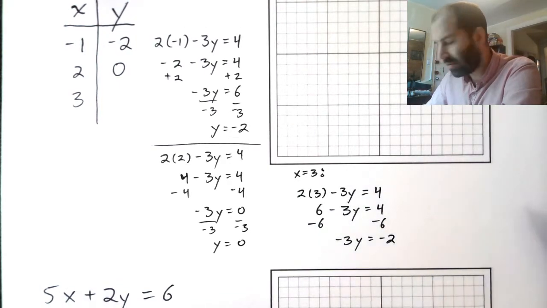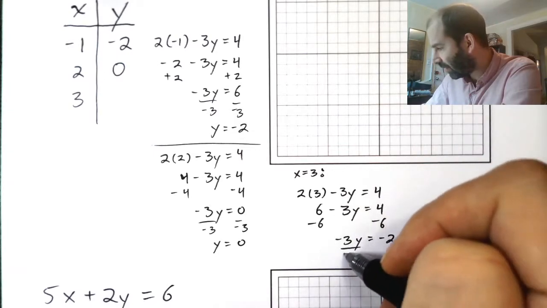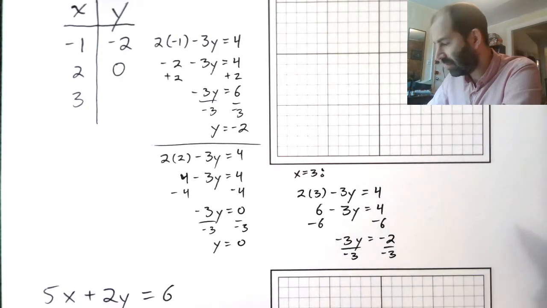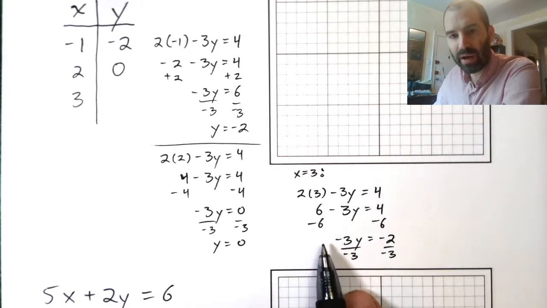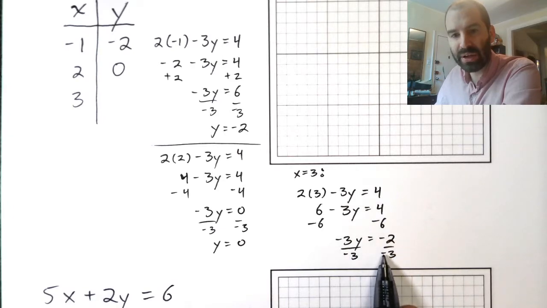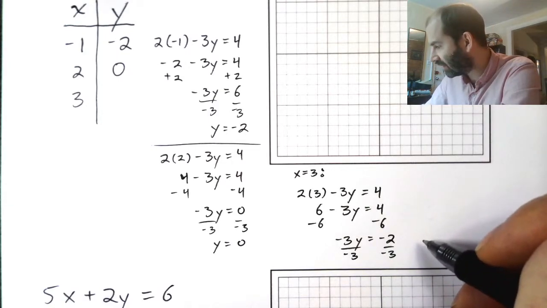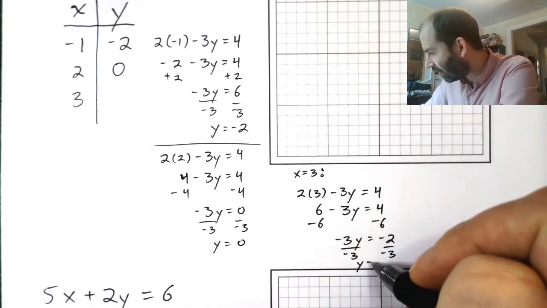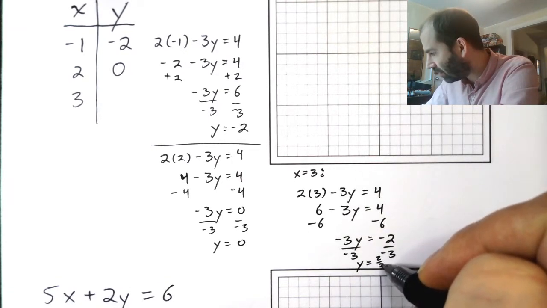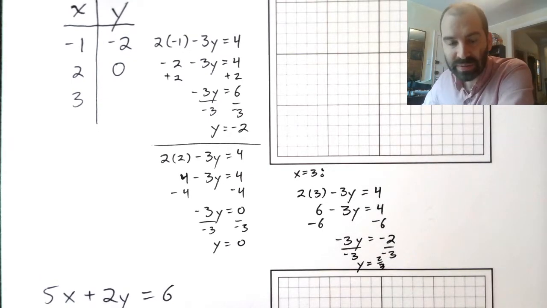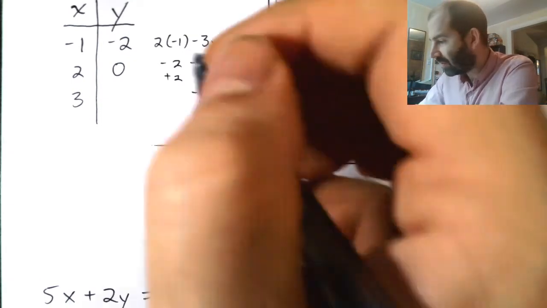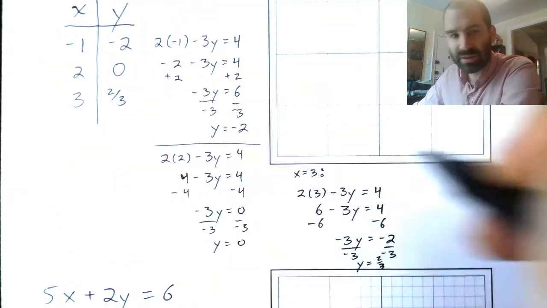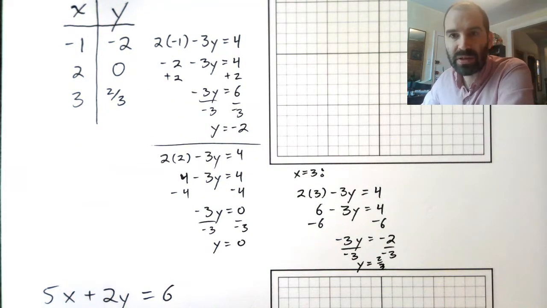Divide both sides by -3, and we get y equals, well, the negatives cancel, they become a positive. Let me squeeze it down here so I have room to write the next one. Okay, y equals 2/3. So my answer here is 2/3. So it's a rational number. It's not an integer, unfortunately.